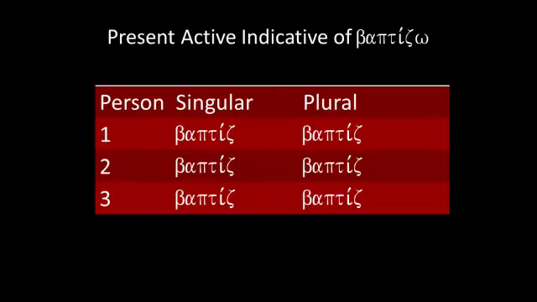I might say to you, conjugate baptizo in the present active indicative. And so you would take that present stem, baptiz, and add the endings o, eis, ei, omen, ete, ousi. And it would look like this: baptizo, baptizeis, baptizei, baptizomen, baptizete, baptizousi.